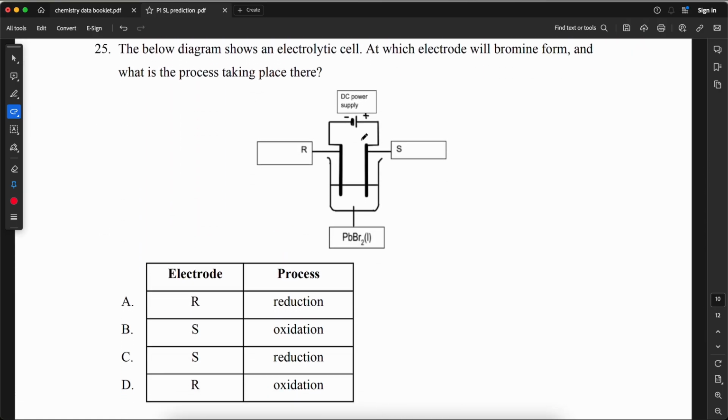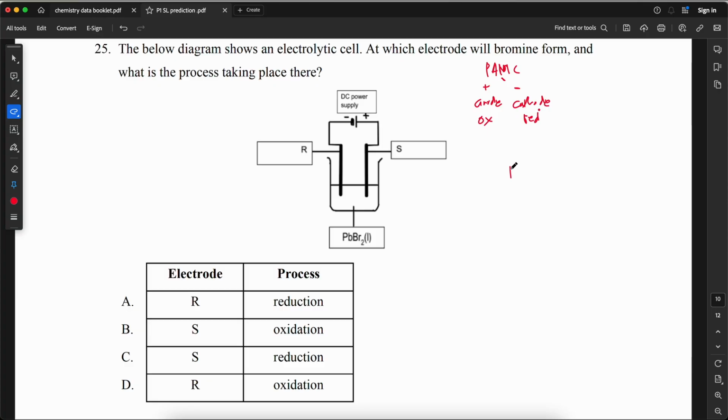The below diagram shows an electrolytic cell. At which electrode will bromine form and what is the process taking place there? So remember, positive is anode, negative is cathode. Anode experiences oxidation, cathode always experiences reduction.